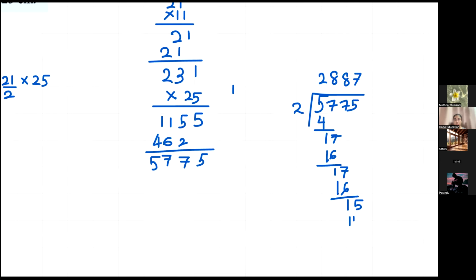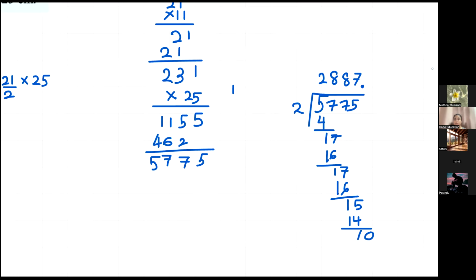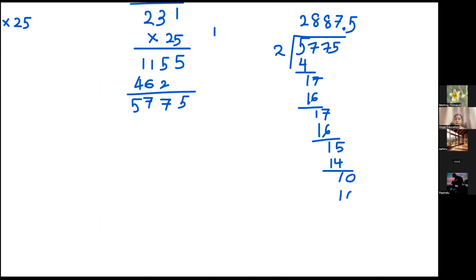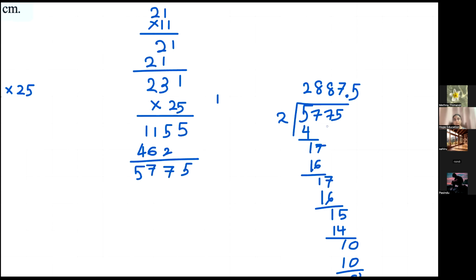I put a 0, then I have to put a decimal point, right? So 2 times 5 is 10. 0. 2,887.5 should be the answer.